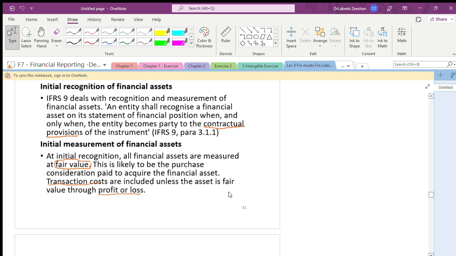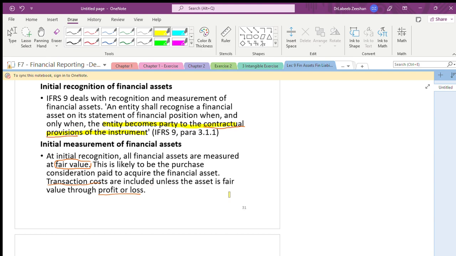Initial recognition is based on when and only when the entity becomes a party to the contractual provisions of the instrument. Is it right? Unless we are issuing, only then will we make it a financial instrument. Is it right?